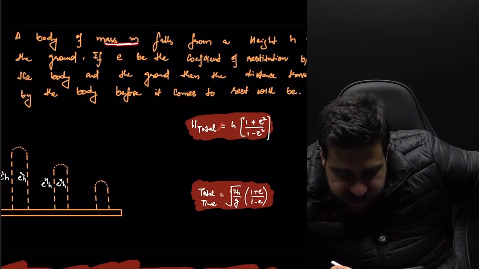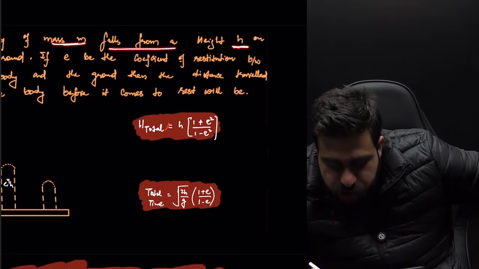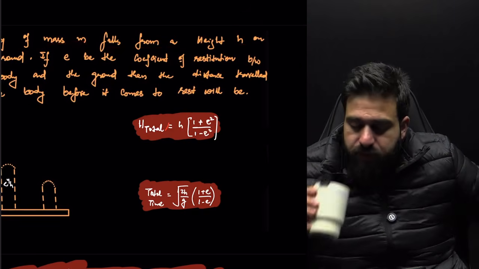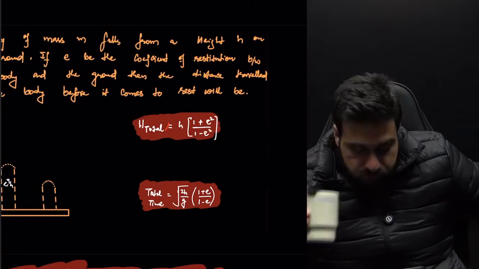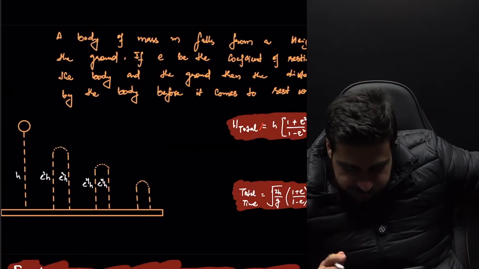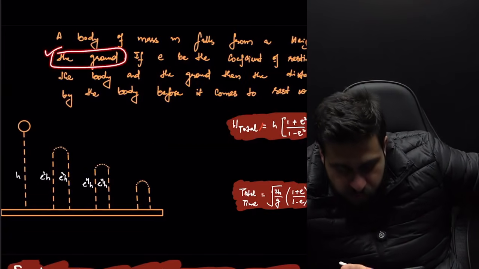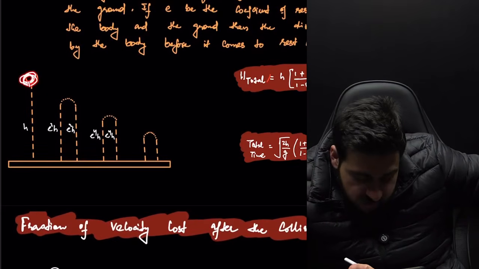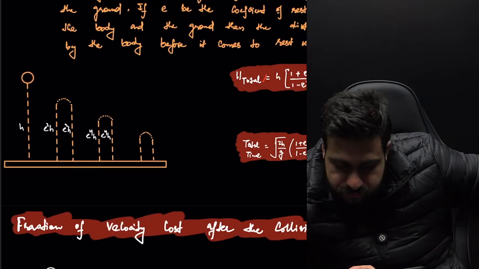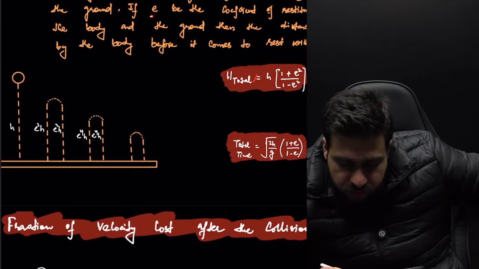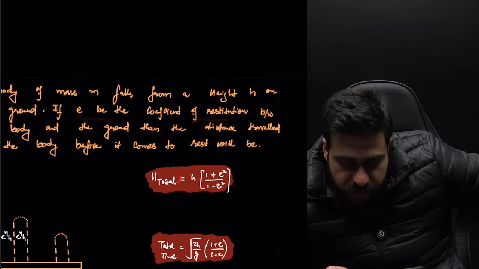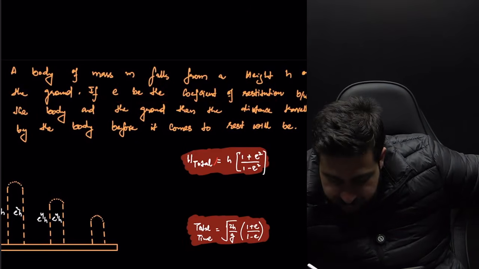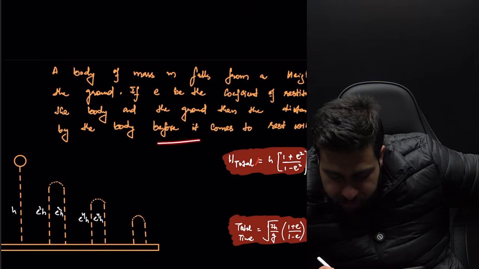A body of mass m falls from a height h on the ground. If E be the coefficient of restitution between the body and the ground, then find the distance traveled by the body before it comes to rest.